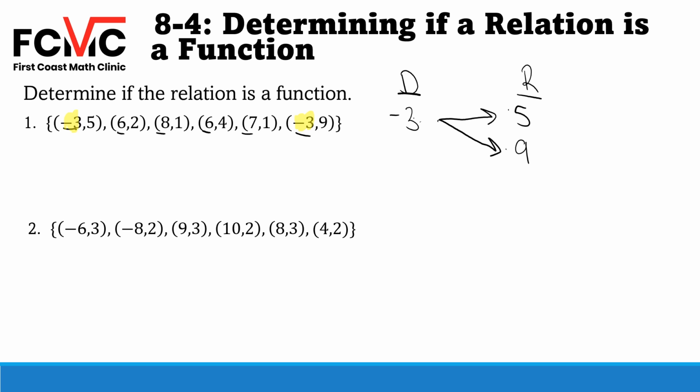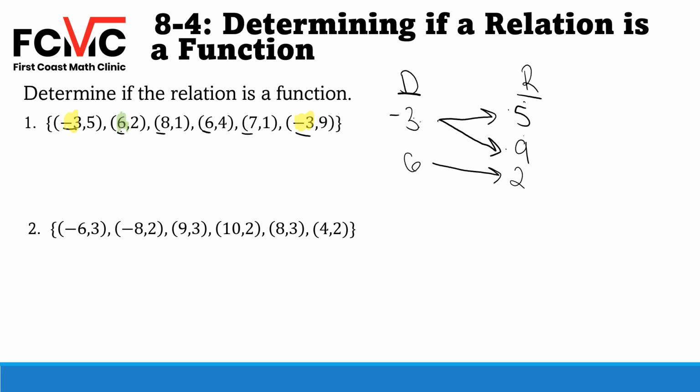Because of this alone, this is not going to be a function. I have my value in my domain paired with multiple values in my range. Let's see if we can find any other reason that this is not going to be a function. All right, we've got 6 here, so 6 is paired with 2. So I'll put 6 in, and 2. Is 6 paired with anything else?